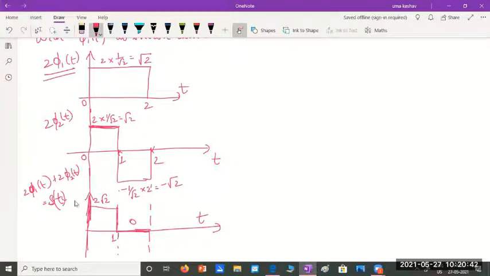Is this clear? So the signal S of t will have the value 2 root 2 in the interval 0 to 1, and in the interval 1 to 2, it will have the value 0. Hence, this is the plot of the signal S of t, and we are done with the solution.